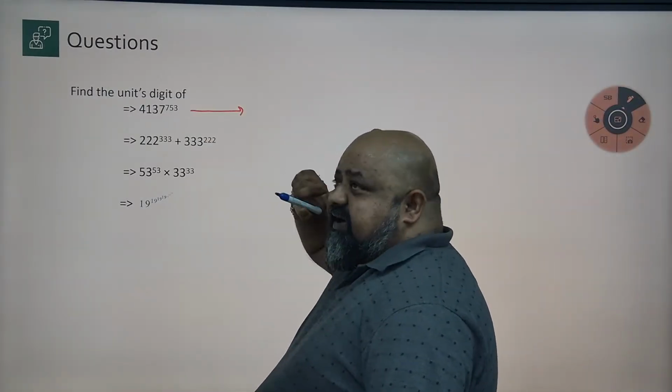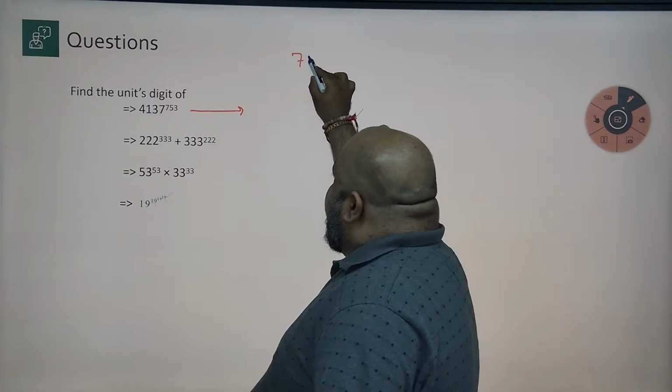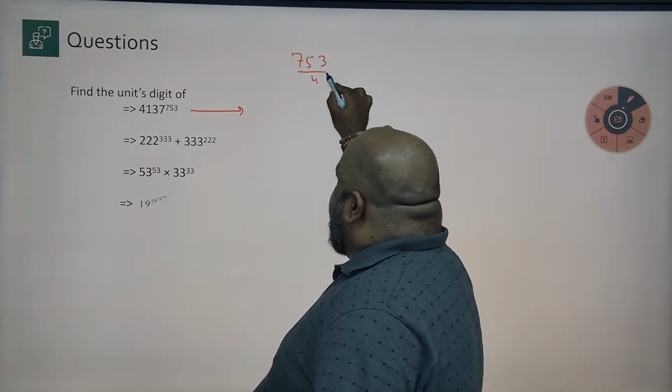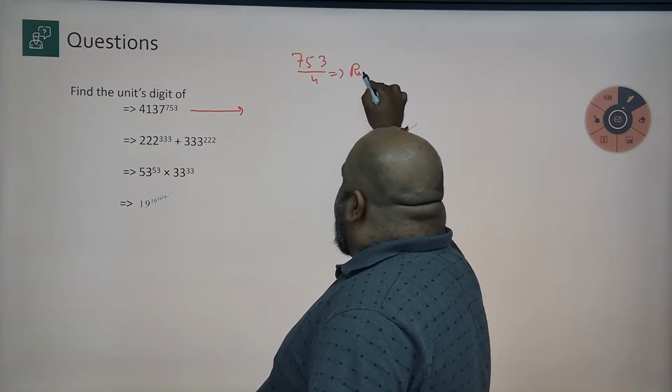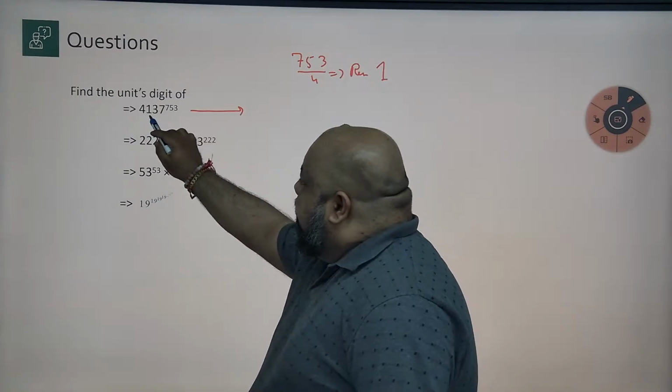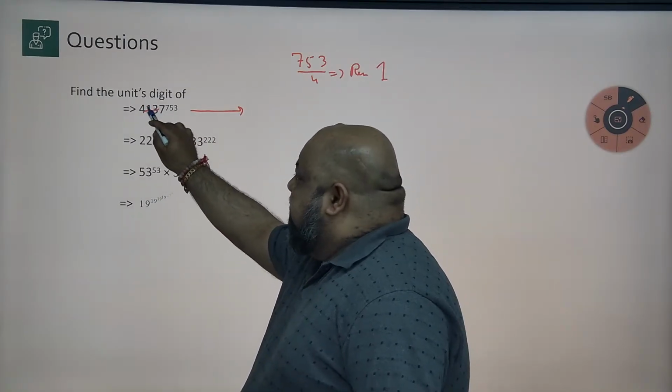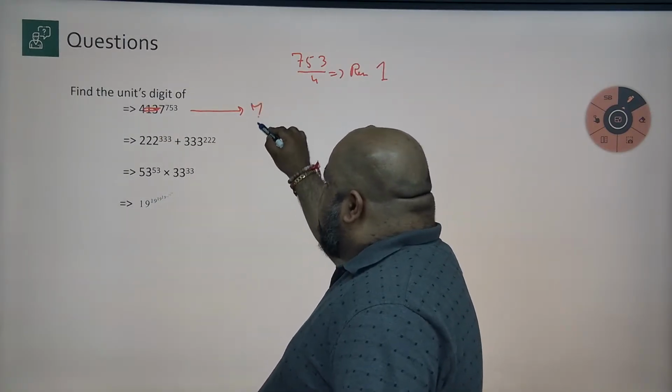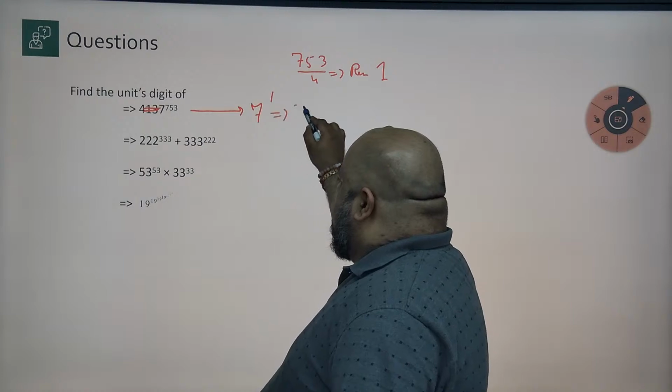Unit digit means divide by 4. So I divide the power 753 by 4. The remainder is 1. Because we are looking at unit digit, 413 does not matter. The unit digit will be 7 raised to power 1, which is 7.